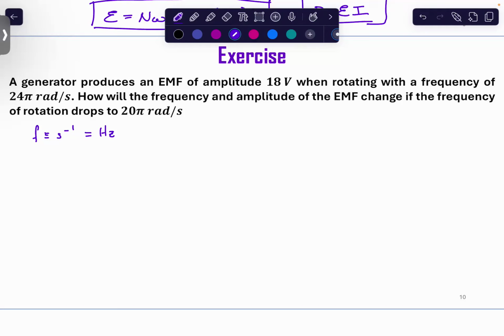So if you had to come up with an equation that connected, say, your omega to your frequency, what equation is going to do that? How do I get from hertz to radians per second?